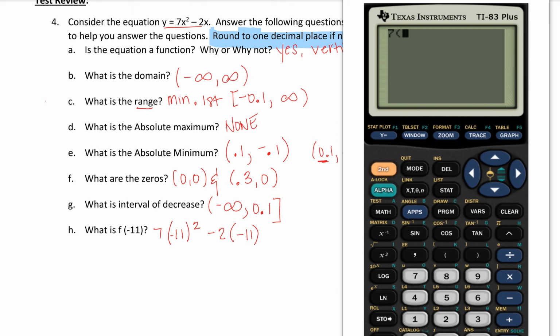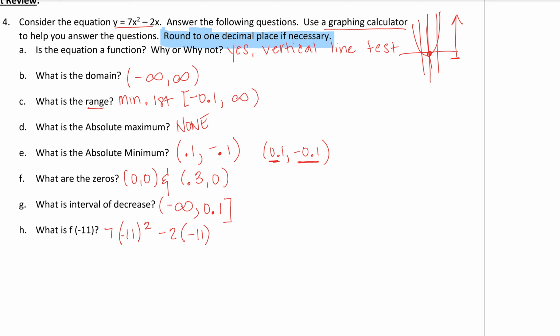So we have 7, negative 11 squared minus 2 times negative. Remember, the negative is actually at the bottom of your screen on your calculator. So negative 11, and then we hit enter, and I get 869.